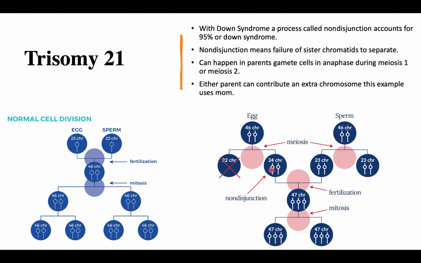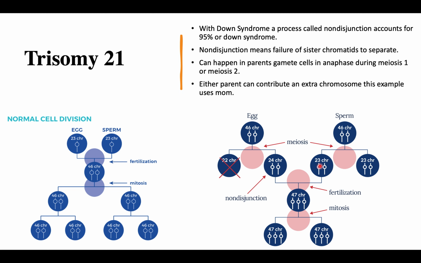Because of that non-disjunction in meiosis 1, we have an egg cell that has 22 chromosomes and one that has 24. Now, let's say dad's sperm fuses with a cell that has an extra copy of chromosome 21. Then the combined cell will have an extra copy of chromosome 21.